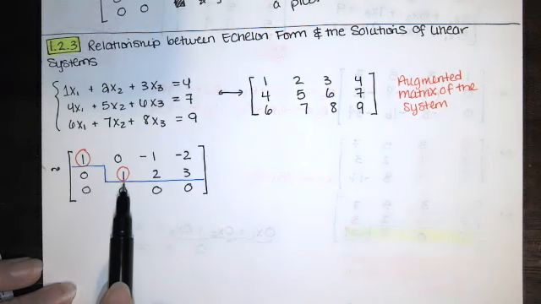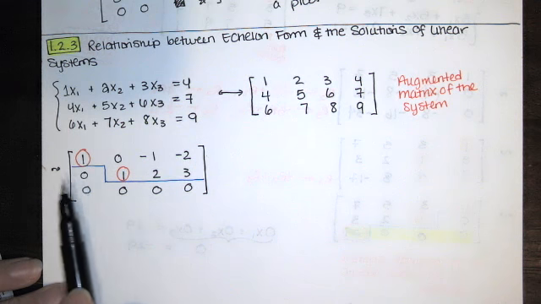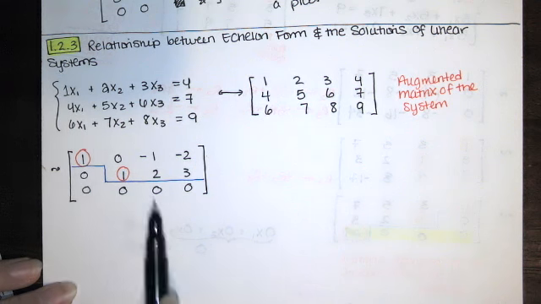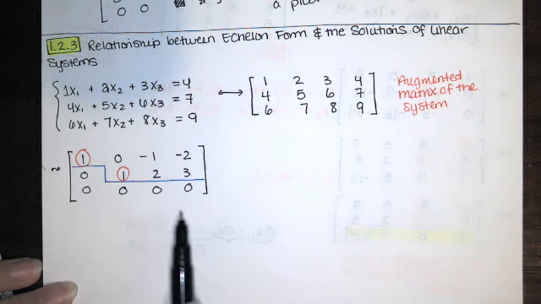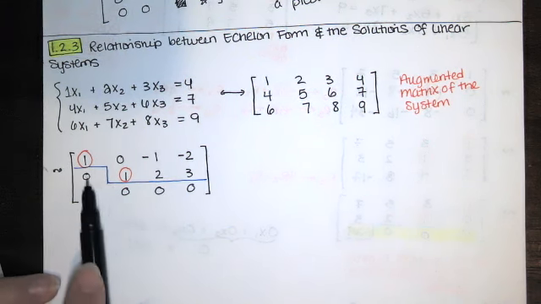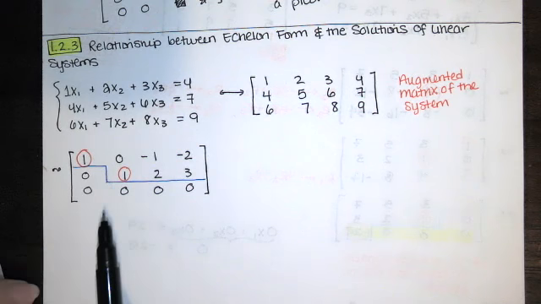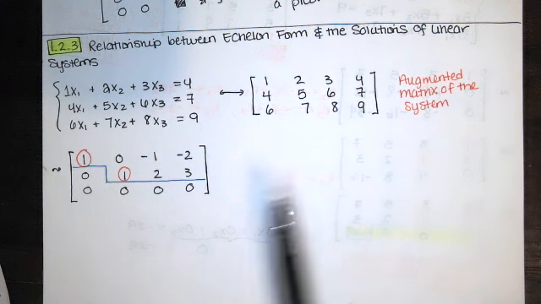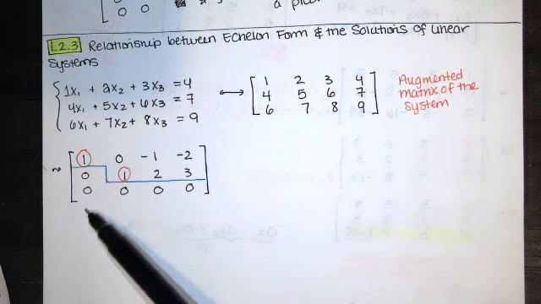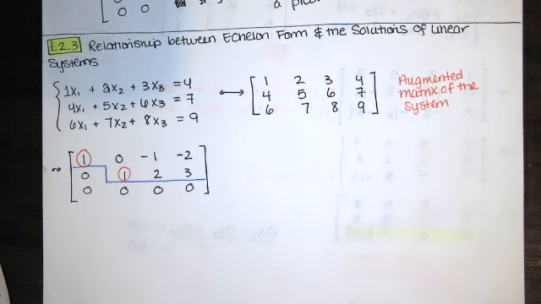The leading entry in the second row is to the right of the leading entry in the first. That pattern would continue to hold, but there are only 4 columns here, and only 2 pivot columns. So that's what makes it a row echelon form of a matrix.